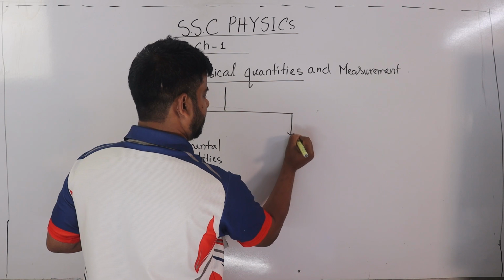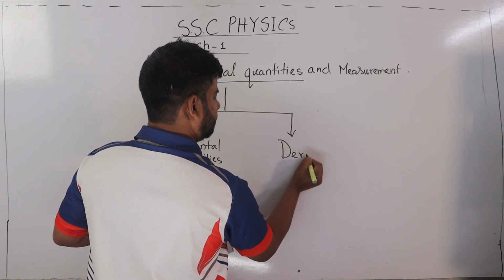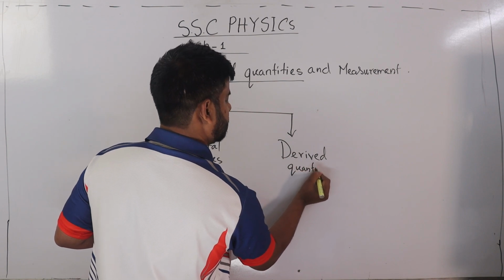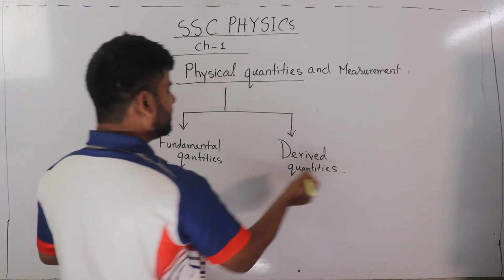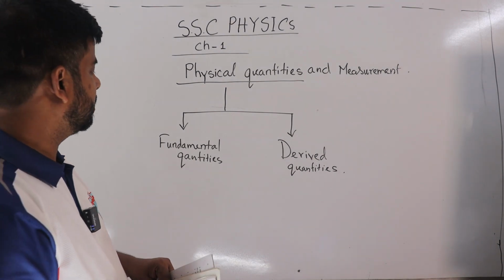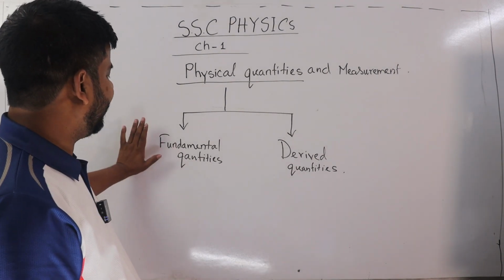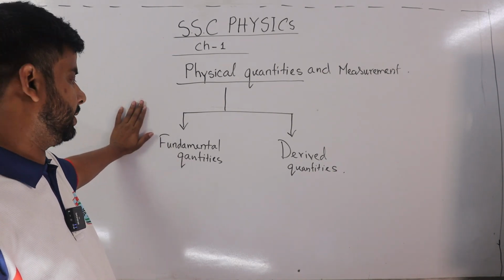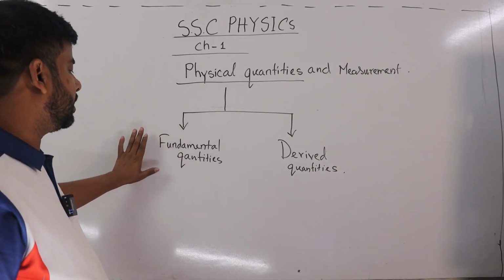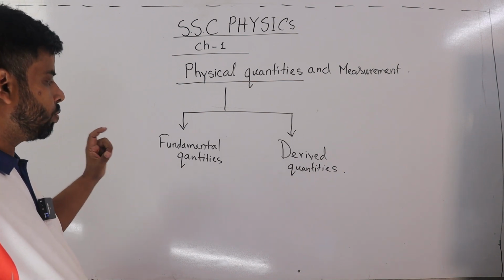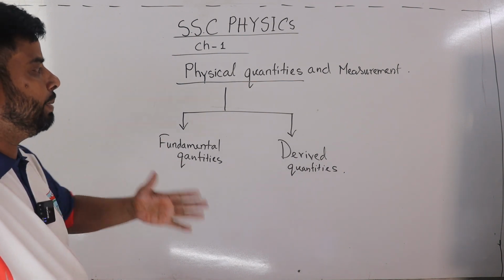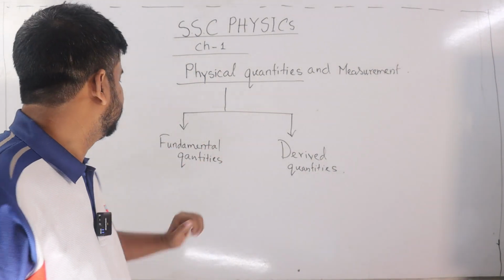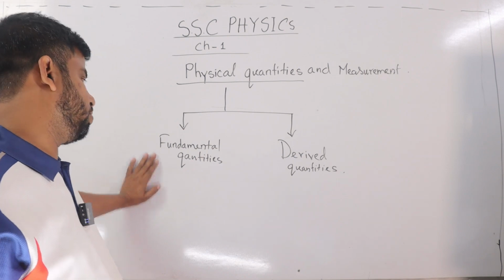Another is derived quantities. The physical quantities which do not depend on other quantities, rather other quantities depend on them, are called fundamental quantities.